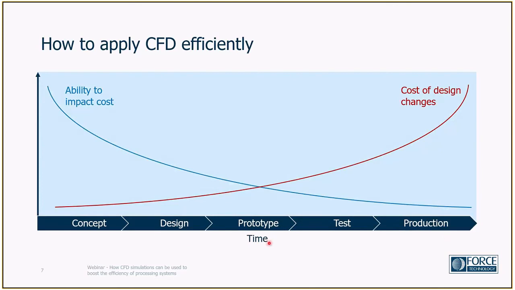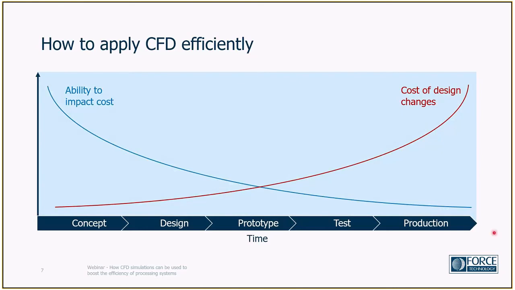And all this is related to the time of the design process. And we can easily see how the ability to impact the cost of the design is much higher at the early stages of the design process, while the cost of doing changes on the design increases dramatically over time.